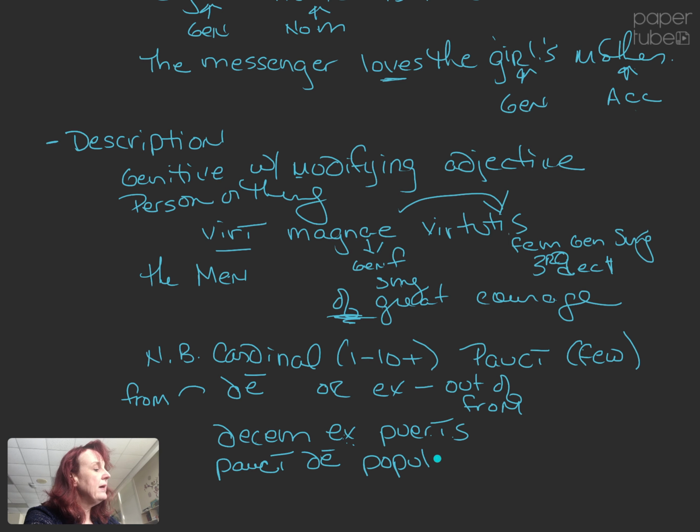I said pueris, yes, which is correct because it's ablative. Suddenly questioned myself when I went to write populis. Ex takes the ablative, so does de. That's why it's pueris and populis, not puerorum and populorum. Decem ex pueris, 10 out of the boys, a few from the nations, the peoples.